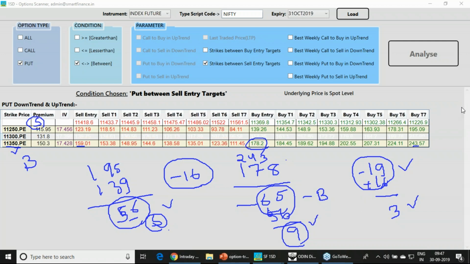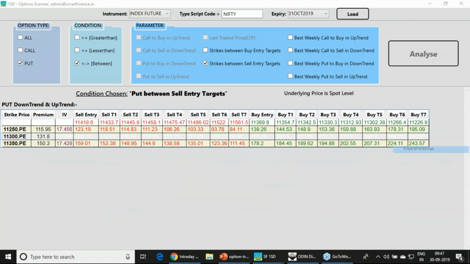This kind of strategy you can also form in intraday. If you have understood properly, you can form a simple bear spread strategy in intraday.